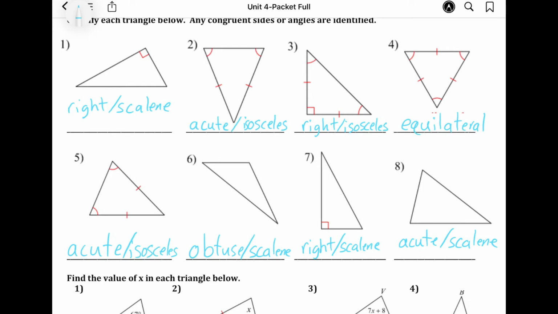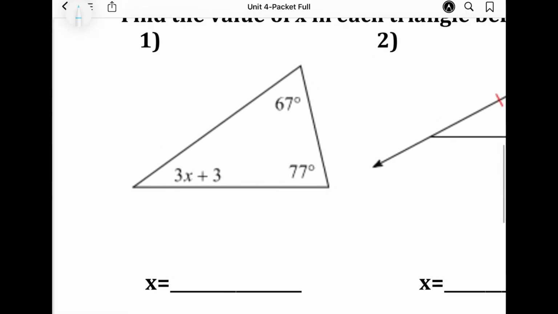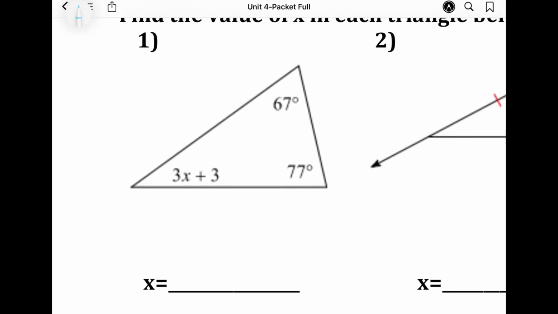So now we're going to use all of this information to solve for x, problems 1 through 8. So let's look at number 1. We have a triangle.